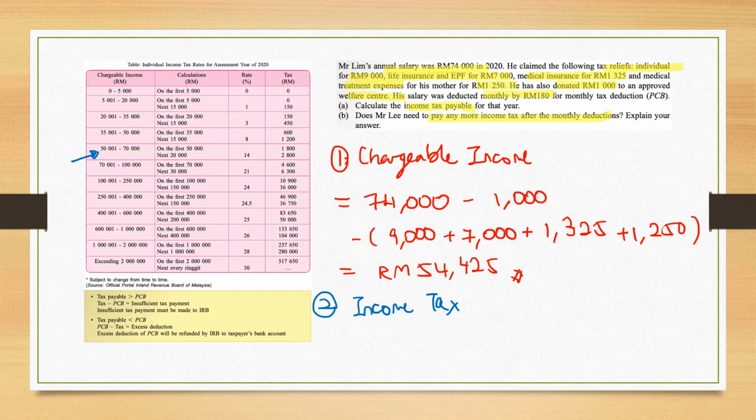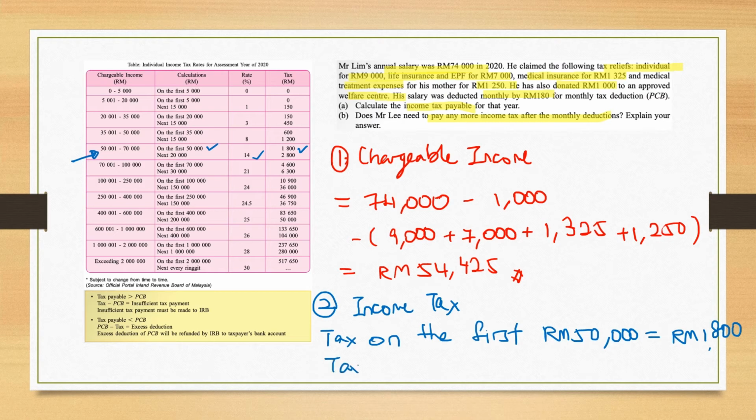The most important thing is your 50,000, your 14% tax rate, and your 1,800 ringgit. Income tax, do you remember? One more time, tax on the first 50,000 ringgit would be 1,800 ringgit.